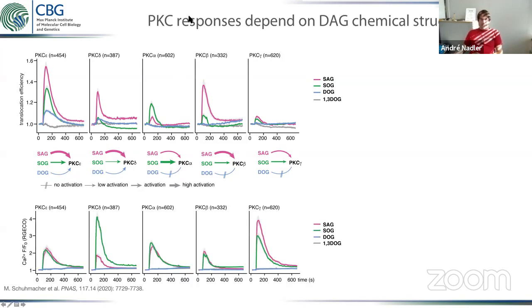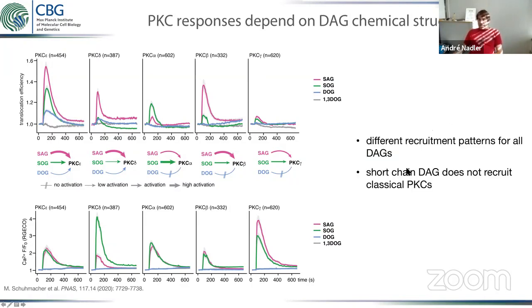What I want to stress here, especially for this PKC alpha, PKC beta pair, is that the calcium signals that underlie the recruitment of the protein kinase C are largely superimposable. So what we think is that this effect is really transpiring because of the chemical differences in the diacylglycerols.